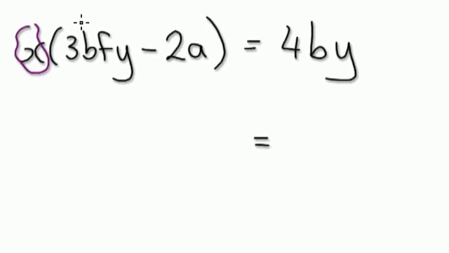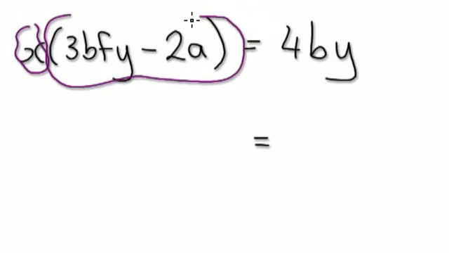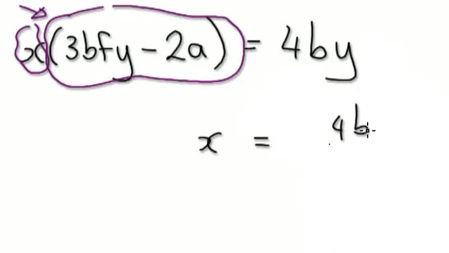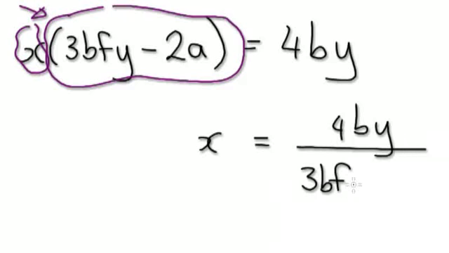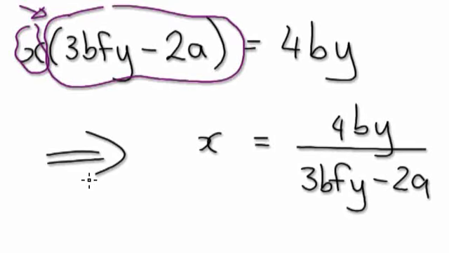Now visualize this as a bubble multiplying this bubble here, so divide both sides by this bubble. You have x equals 4by divided by 3bfy minus 2a. So x is now the subject.